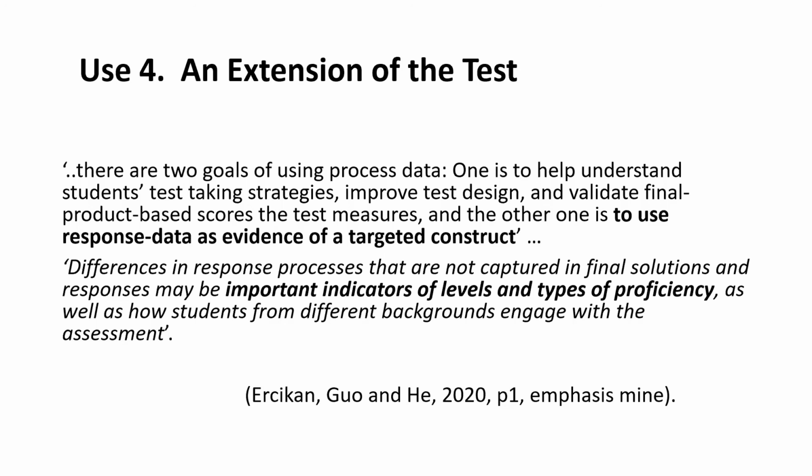But we can model proficiency using process data, not just with response times, but also using other approaches, particularly things like eye tracking, but even to some extent, think aloud protocols can tell us about how people at different levels of ability engage with test items.